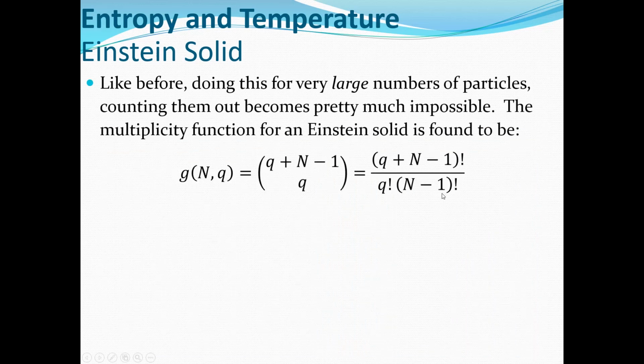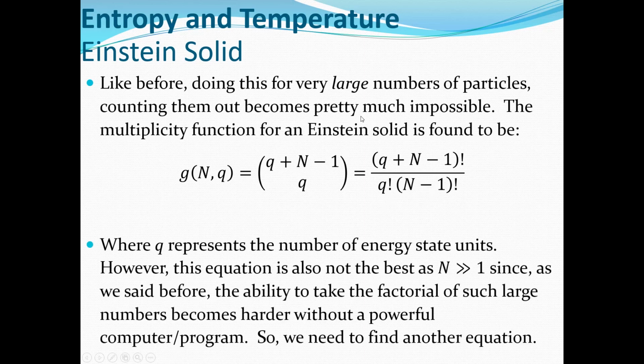So we can write it like this. It basically turns into Q, the number of energy units, plus n minus 1, where n is the number of oscillators, over Q factorial times n minus 1 factorial.